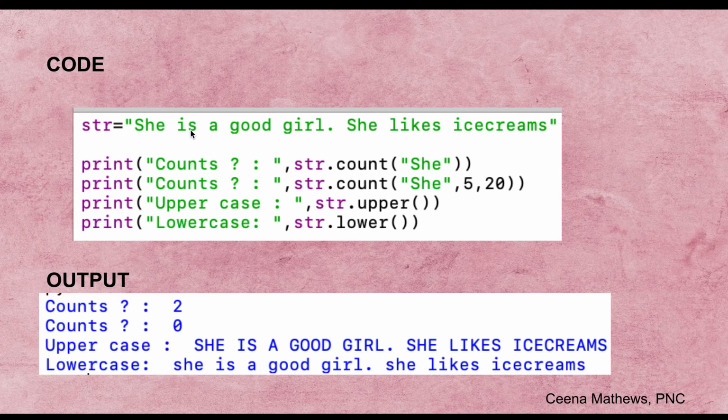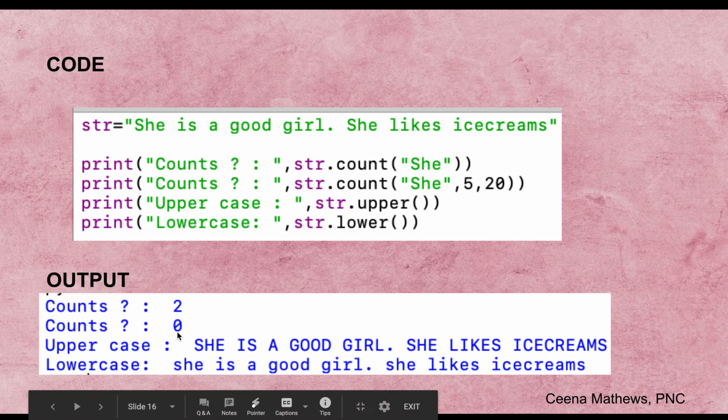So it will begin search from this S and ends it at 6, 7, 8, 9, 10, 11, 12, 13, 14, 15, 16, 17, 18, 19, 20. Here it ends. The small s to capital S, the search should be done, but since within this specified range there is no string she, it will return the count as 0.